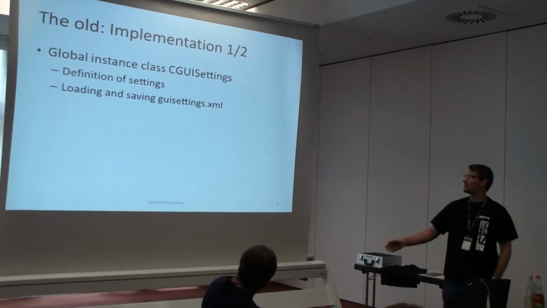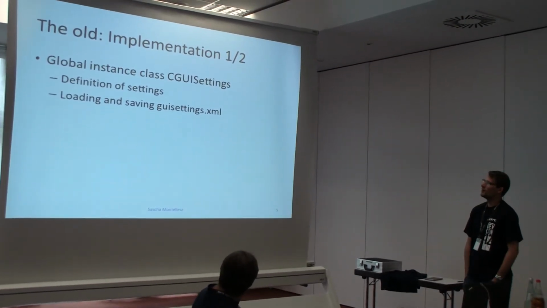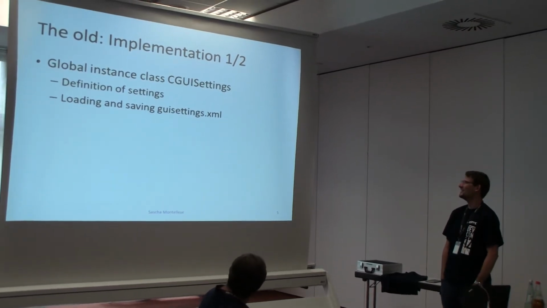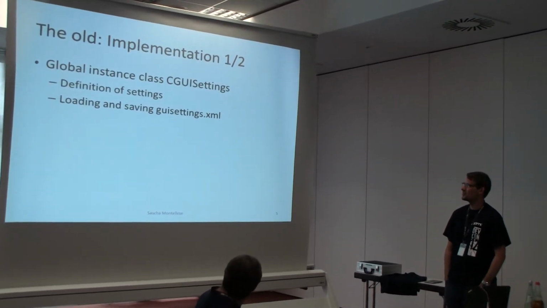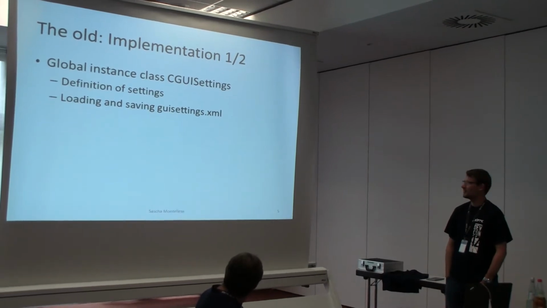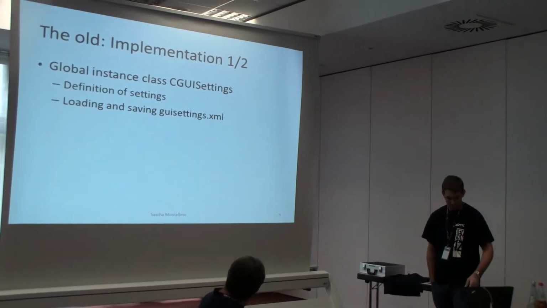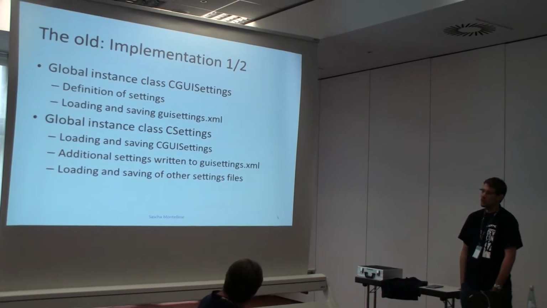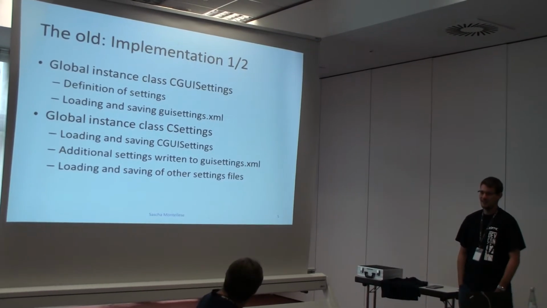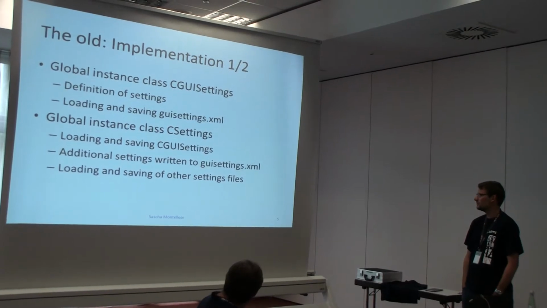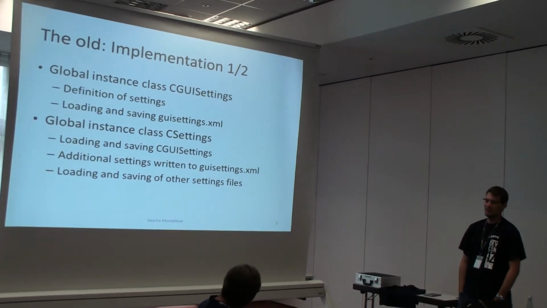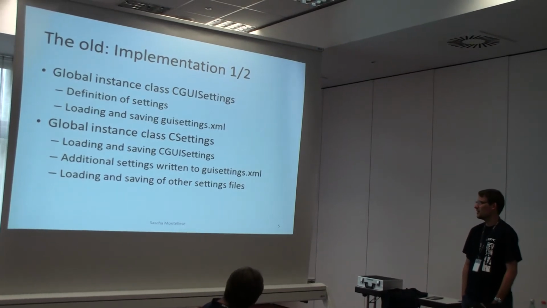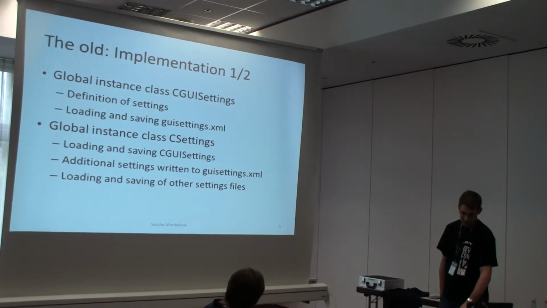The old implementation used a global instance class, like we use everywhere, of CGUISettings, which simply defines all the settings, loads them, and saves them. Then there's CSettings, which loads CGUISettings, initializes it, writes the other settings that aren't really GUI settings into GUI settings, and loads all the other files that I mentioned earlier.